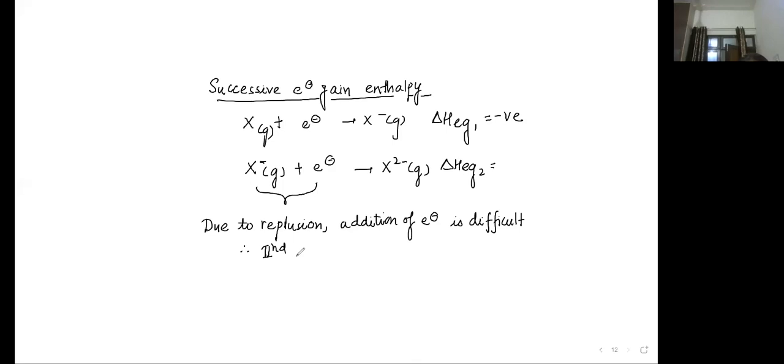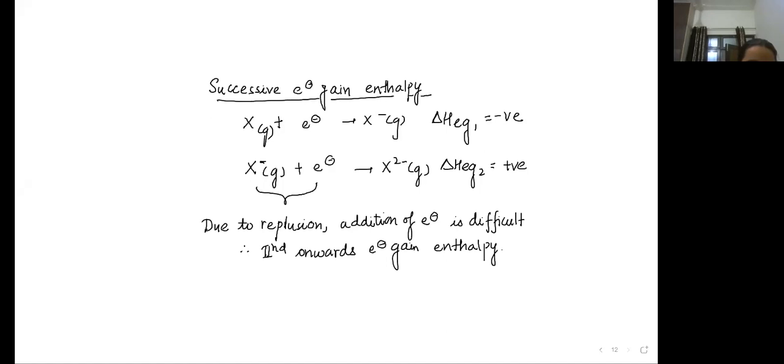Therefore, from second onwards, second, third, fourth, fifth, electron gain enthalpy is positive. All ionization energy are positive, all electron gain enthalpy are positive except first electron gain enthalpy. It can be negative or positive. Copy this.